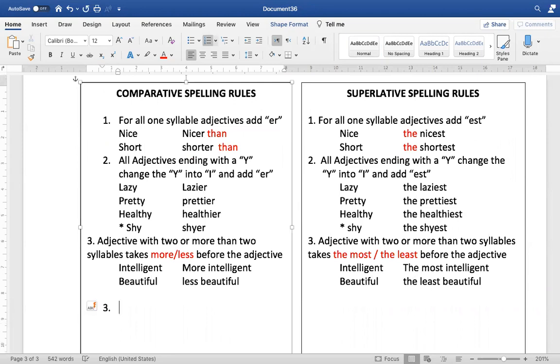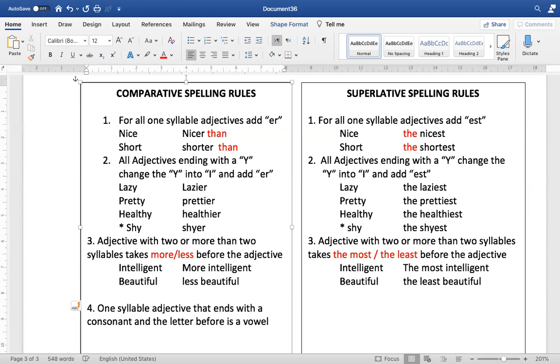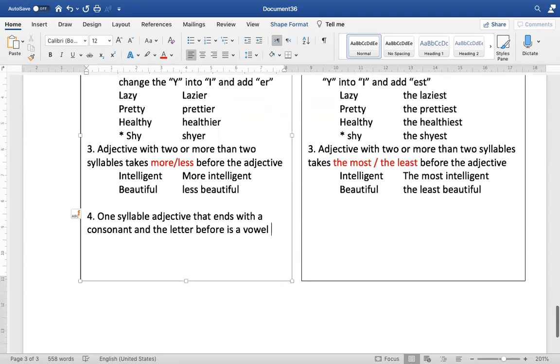I'm sure you may have paid attention to some adjectives. Well, it's mainly the case in one-syllable adjectives. So one-syllable adjectives that end with a consonant, and the letter before is a vowel. The last consonant is doubled.